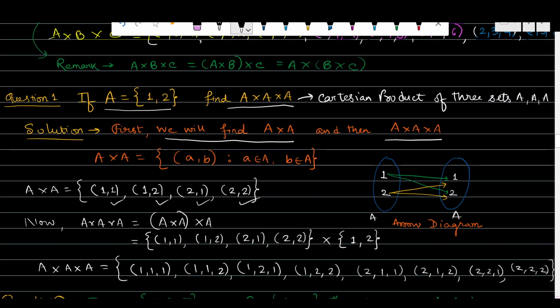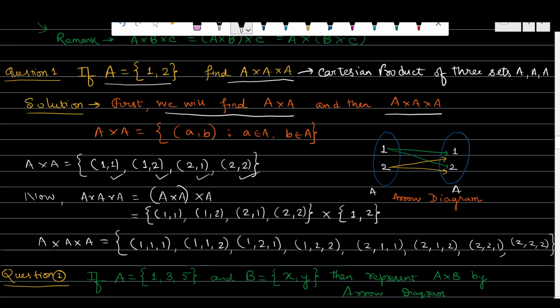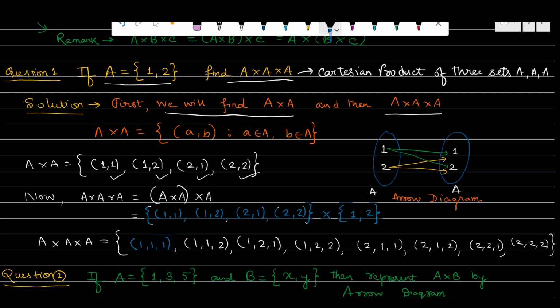Next we want to find A cross A cross A. This will be equal to (A cross A) cross A. So basically this set is A cross A, and it will map with this set as shown earlier. (1, 1) maps with this element 1 to give (1, 1, 1).